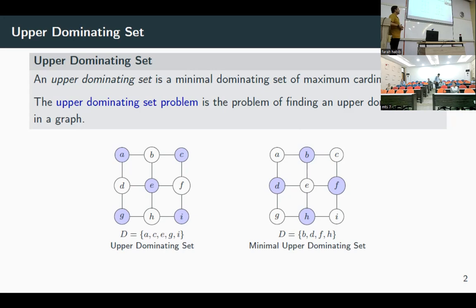Therefore, they are minimal dominating sets. But the set on the left-hand side is an upper dominating set because this one has the maximum cardinality. So in a given simple graph, the upper dominating set is a minimal dominating set of maximum cardinality.